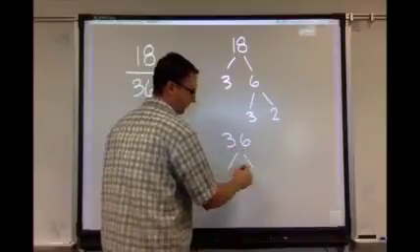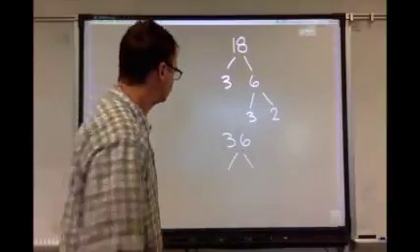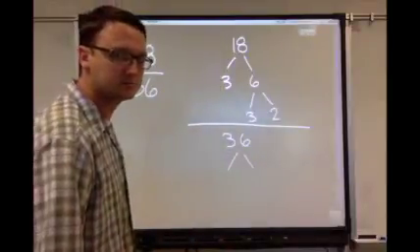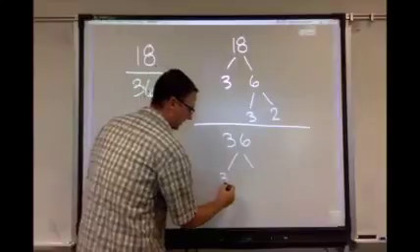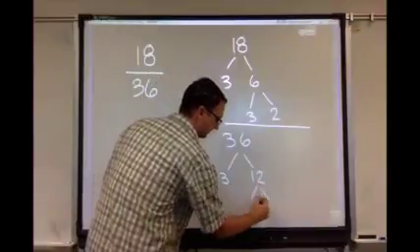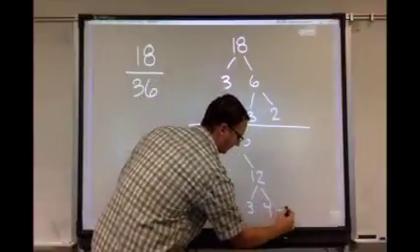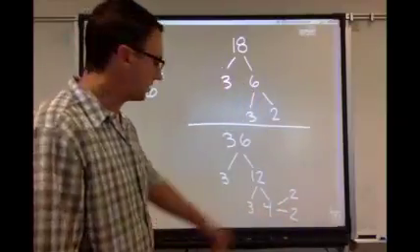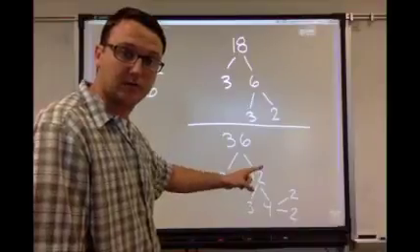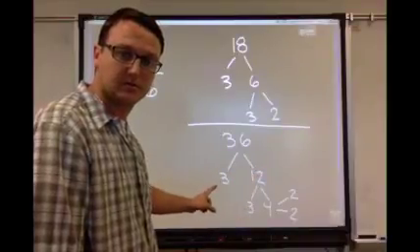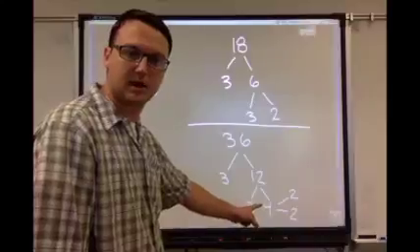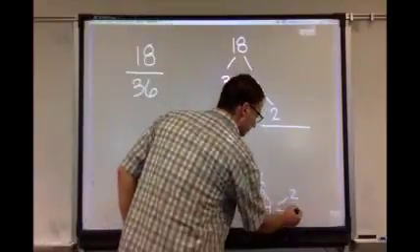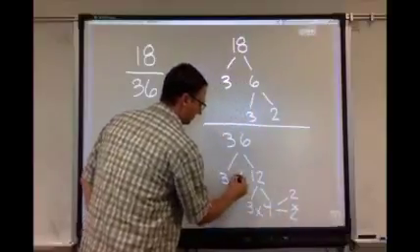36 can be broken down into 3 times 12, 3 times 4, 2 times 2. So I broke it down to 12 times 3, then 3 times 4, then 2 times 2. So these are all multiplied.